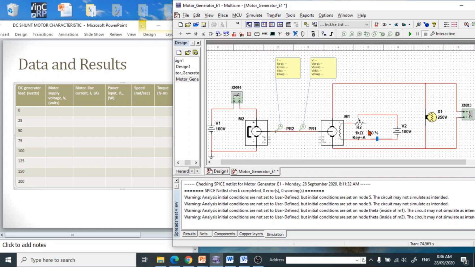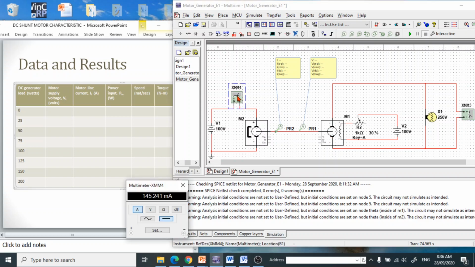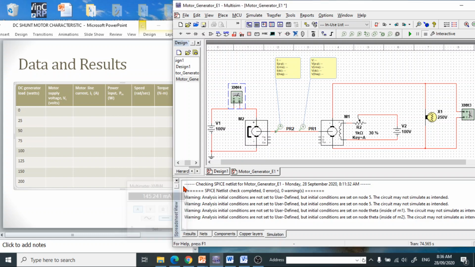So again, do not forget to follow the positioning of R2. Set it to 30%. Then set ammeter XMM4, or this meter, to ammeter setting. And then we're now ready for the simulation process.